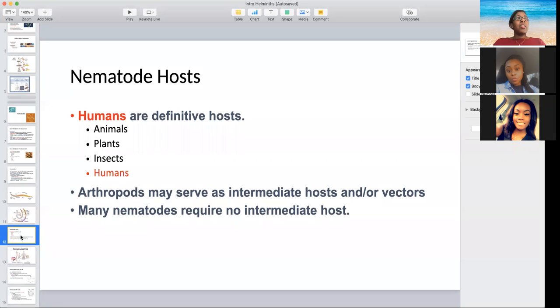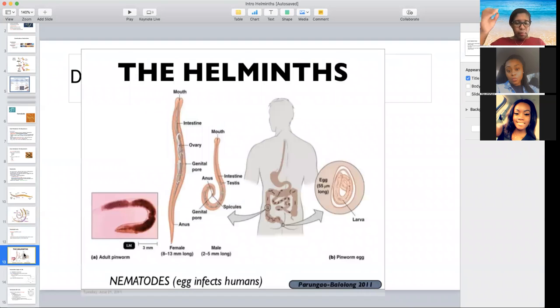They act as vehicles or carriers of parasitic organisms and transmit them from one host to the next, so they can be an intermediate host. Many of the nematodes can develop without an intermediate host.